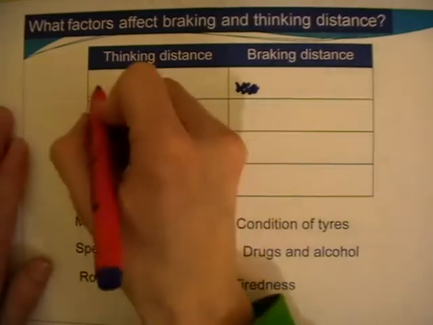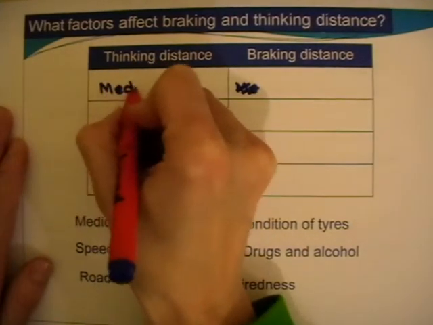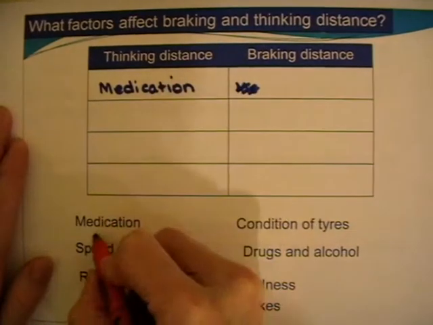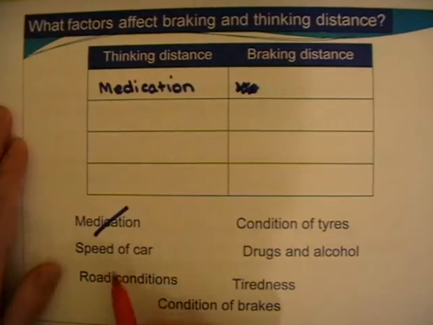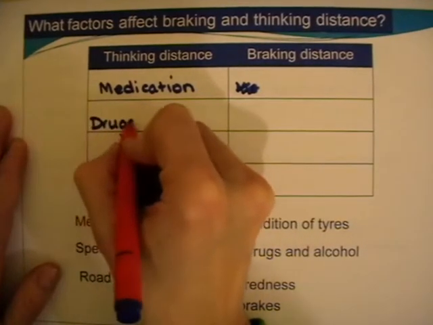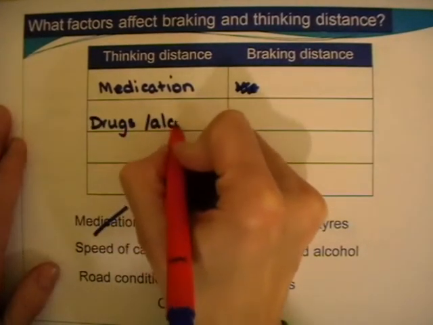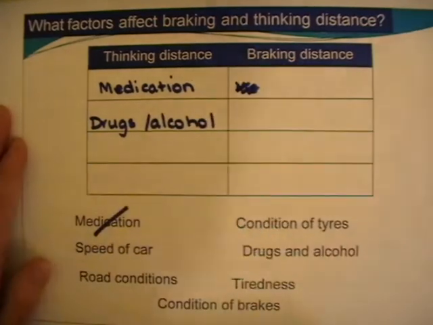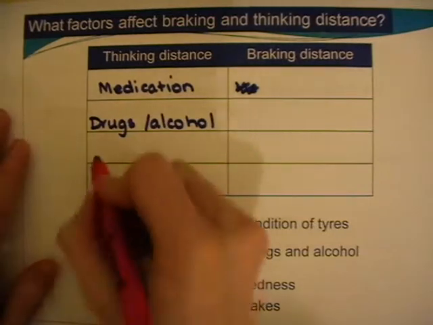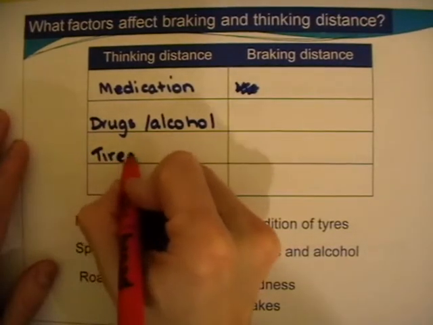So the things that might affect that are medication, drugs and alcohol. And this is of course why we're advised not to drink and drive. And tiredness, there's a third one.